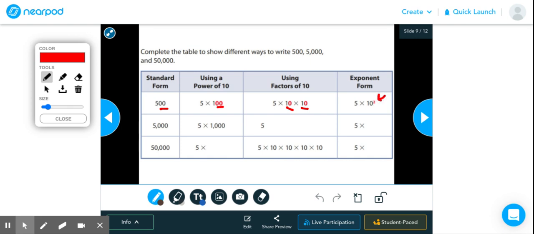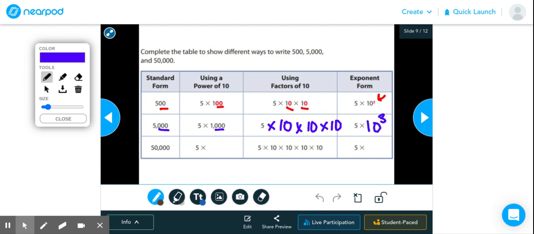In my next row, you can see that 5,000 has 3 zeros, which is the same thing as saying 5 times 1,000. There's those 3 zeros. So in your notebook, you should have written 5 times 1, 2, 3 tens, which gives you in exponent form 5 times 10 to the 3rd power.